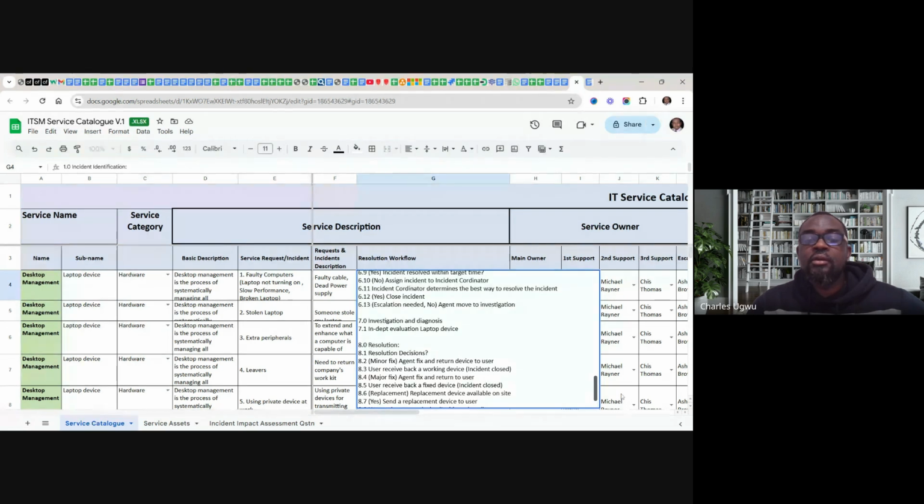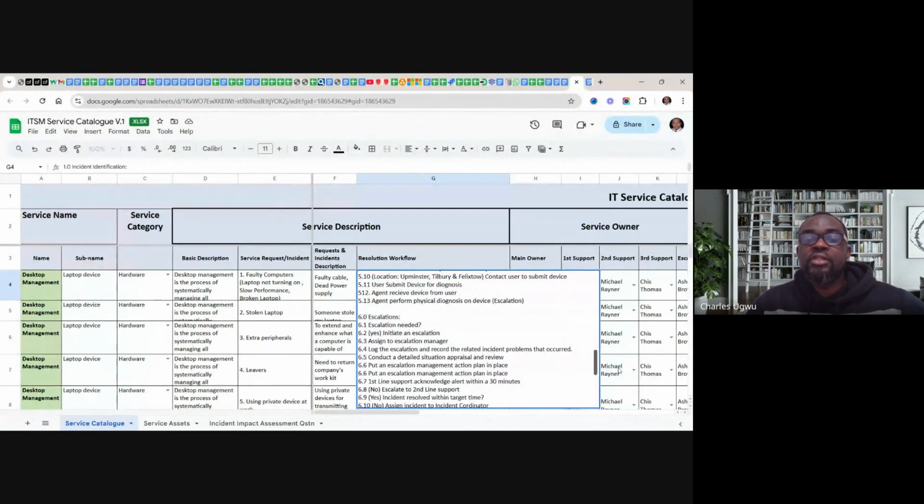It is from this escalation, when the service agents do not have the capacity to resolve these incidents, that they escalate it. So that's some of the things we're going to be doing going forward, trying to break this down.